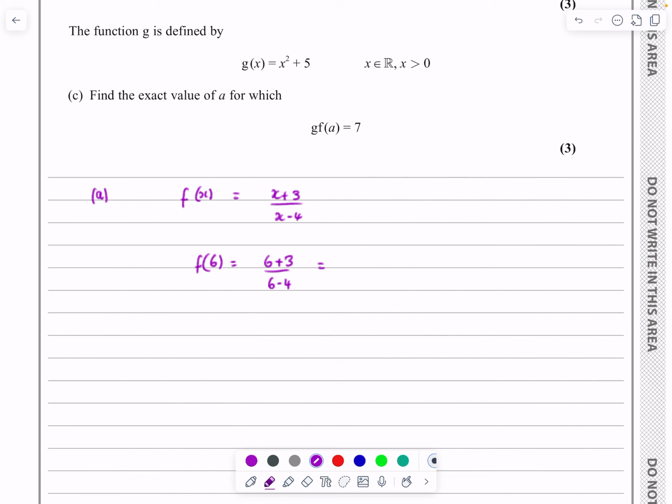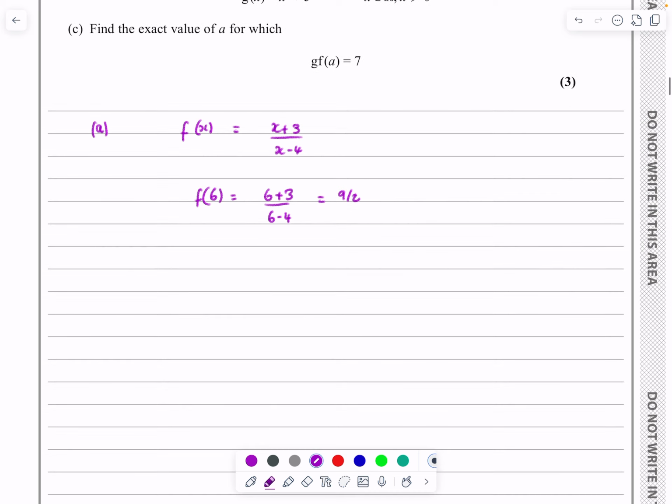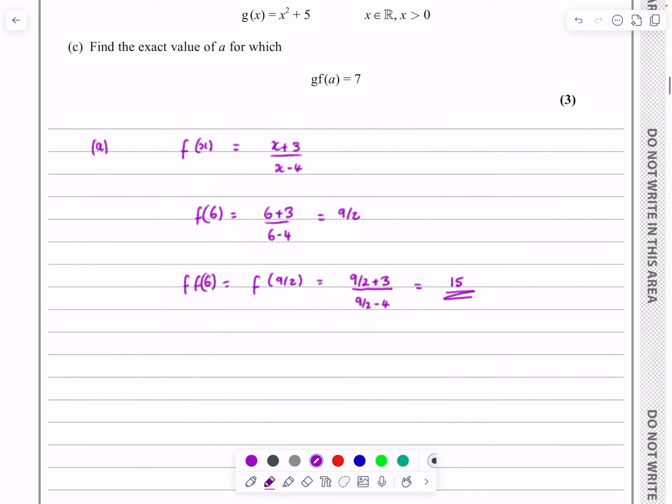So that's 9/2. So f(f(6)) is then going to be the same as f(9/2). So putting 9/2 into that function, it's going to give me (9/2 + 3)/(9/2 - 4), and substitute all that in. The answer works out to be equal to 15.